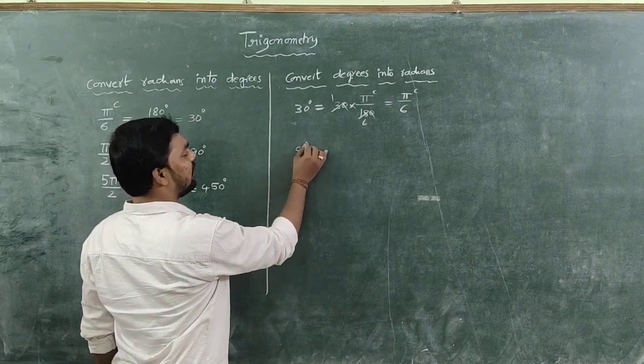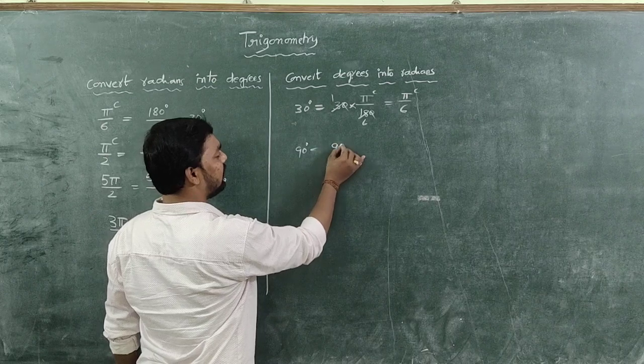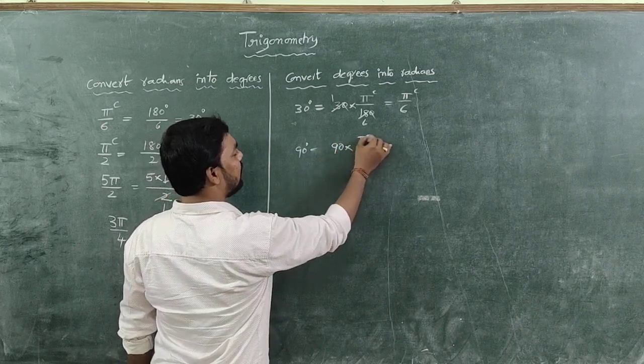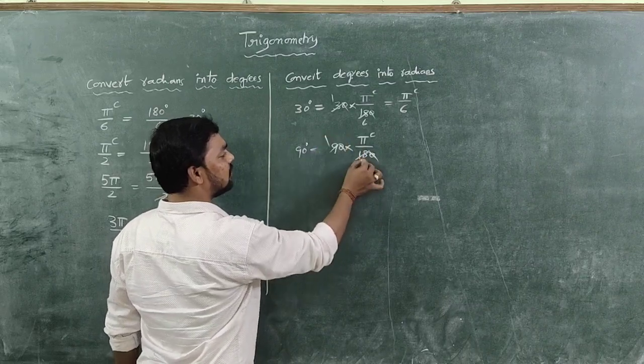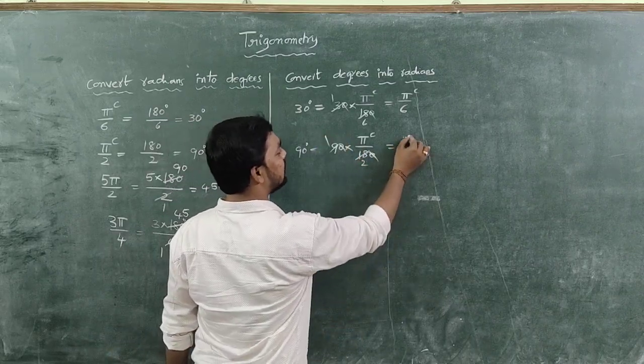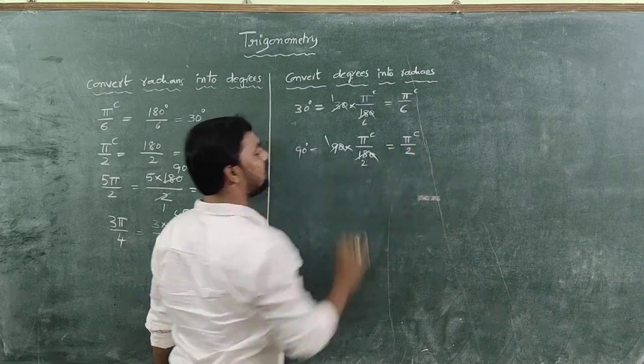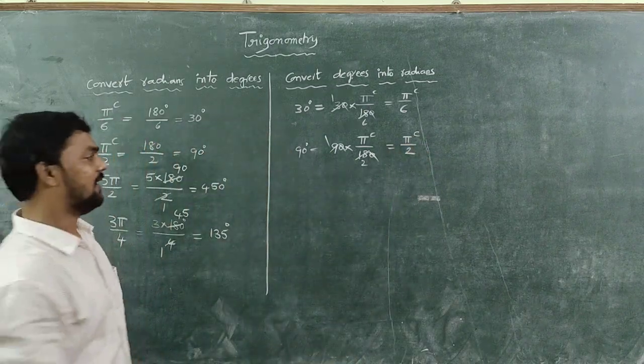Also 90 degrees: 90 into pi by 180. Zeros cancel. That is pi radians by 2. That means pi by 2 radians.